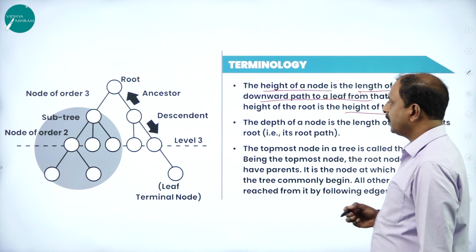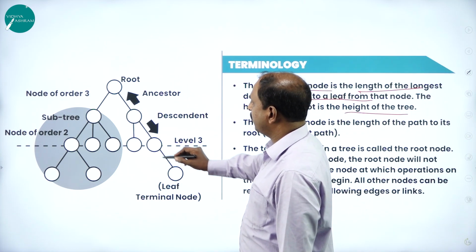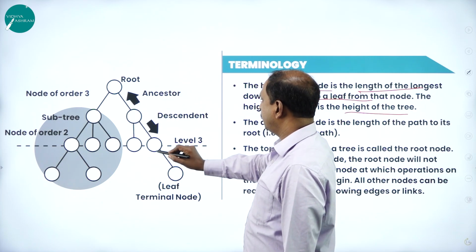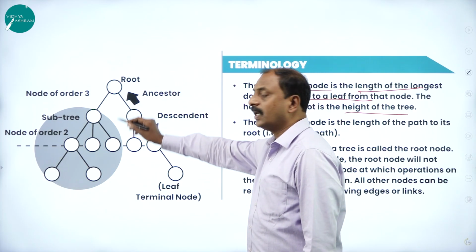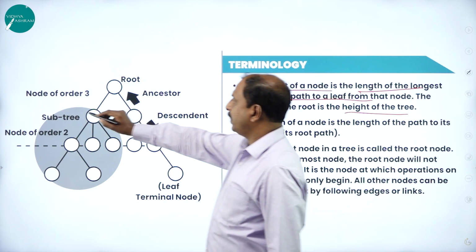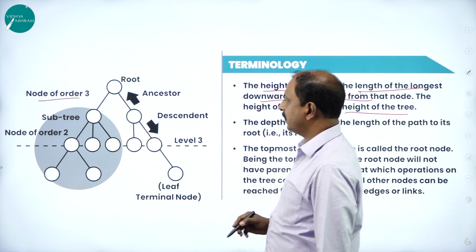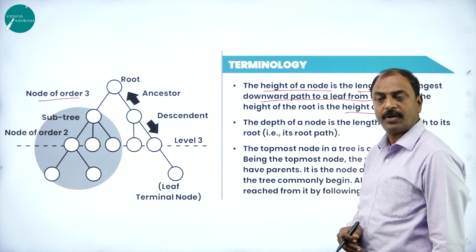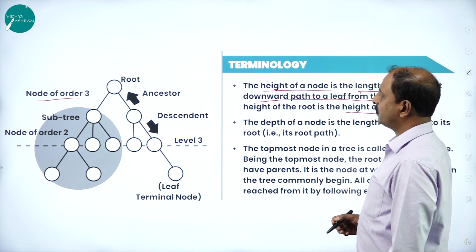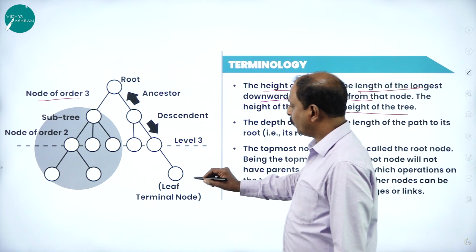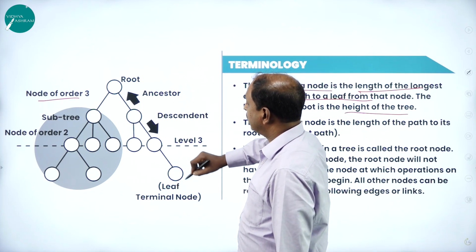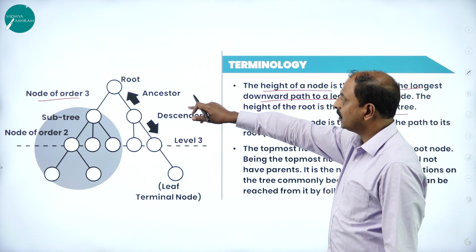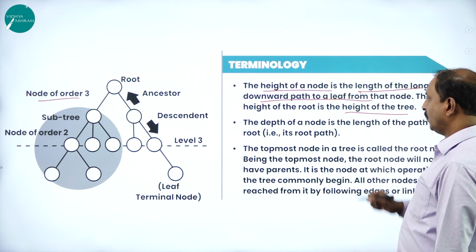If you look here, this is the starting point, here is level 2, and this is level 3, and it goes on like this. As we have seen, this is a tree of order 3. There are three different levels. This is nothing but hierarchical order. The height stands for the distance, or number of nodes, from the leaf node to the root node. It indicates the height of the tree or the height of the node.